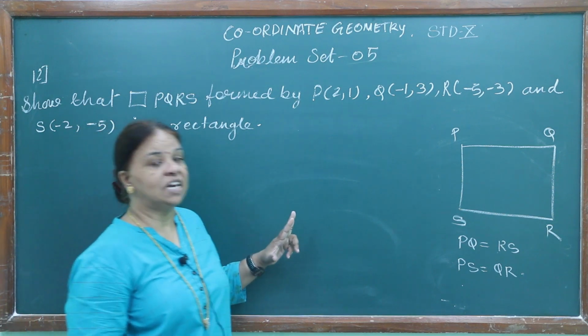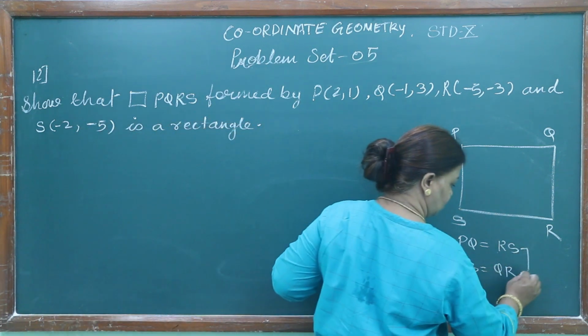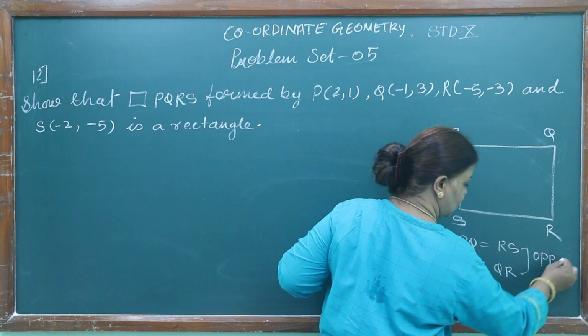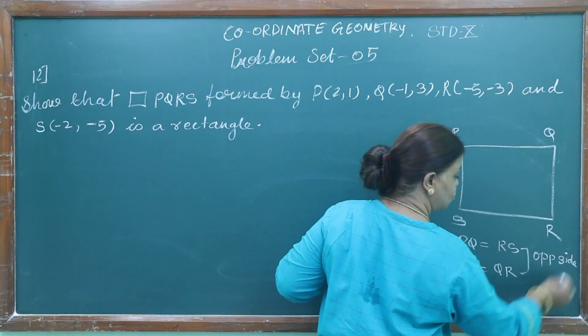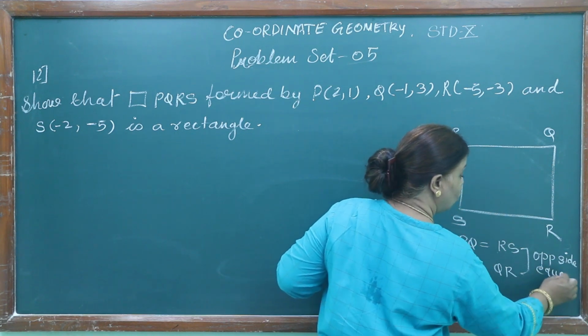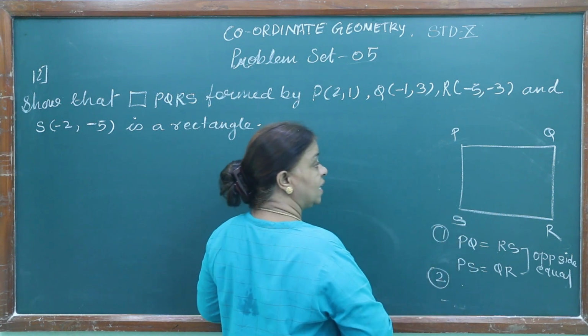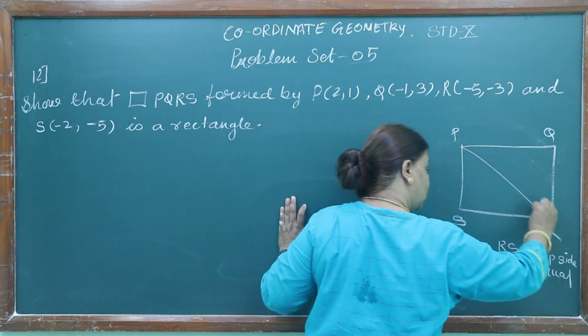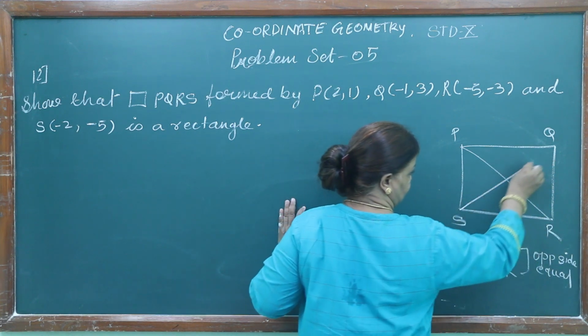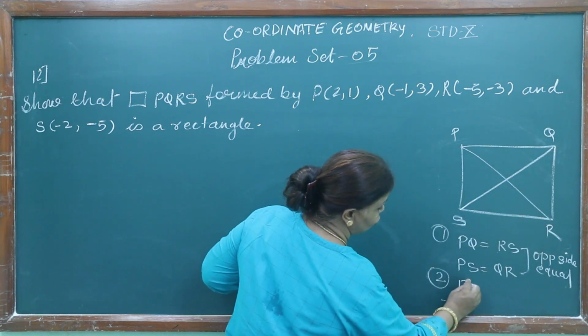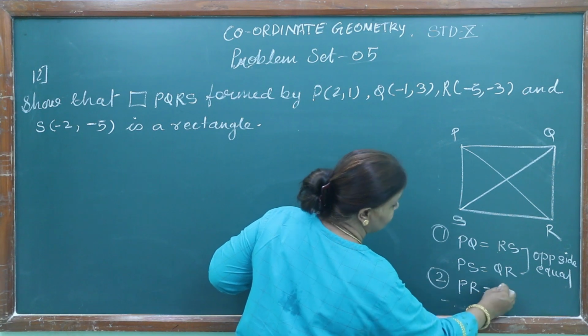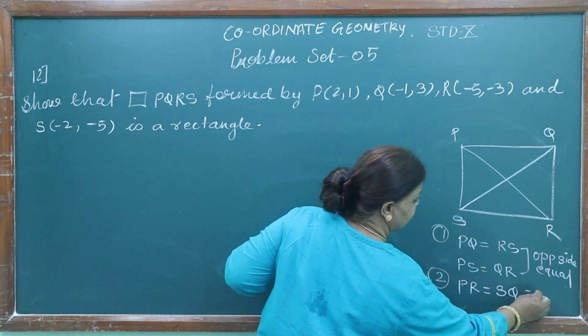Not only opposite sides should be equal, but also, this is the first condition for a rectangle. What is the second condition? The diagonals also should be equal. That means we also want to show PR is equal to SQ, the diagonal.